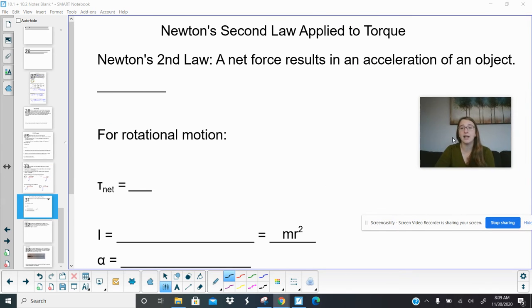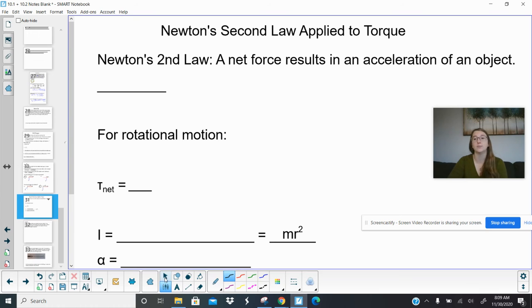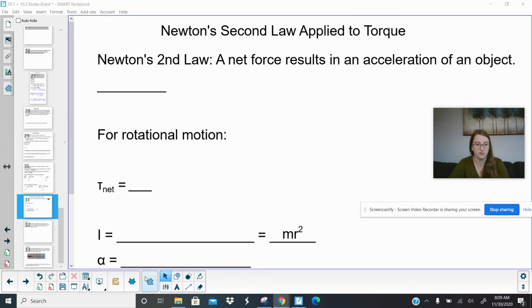So we can apply Newton's second law to this concept of torque, because again, torque is basically the force we're applying to a rotating object. Going back to Newton's second law, this says a net force results in the acceleration of an object. This was the basics, right?